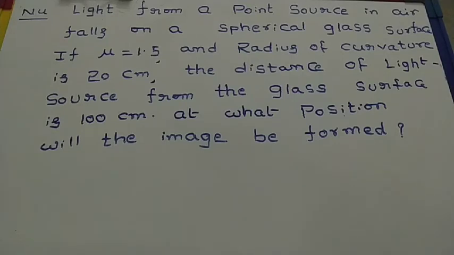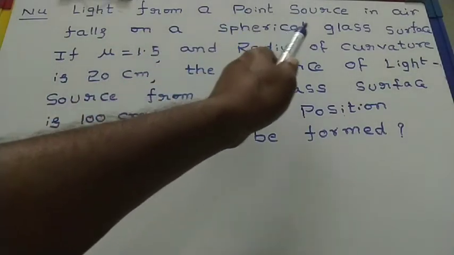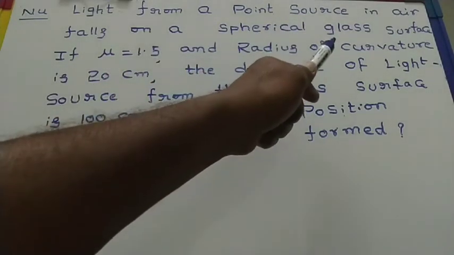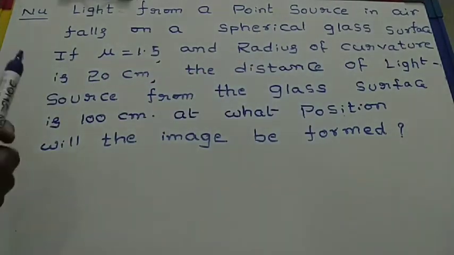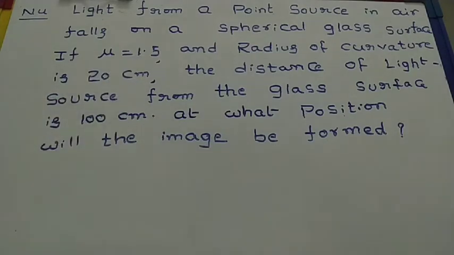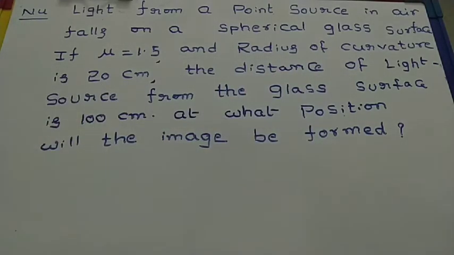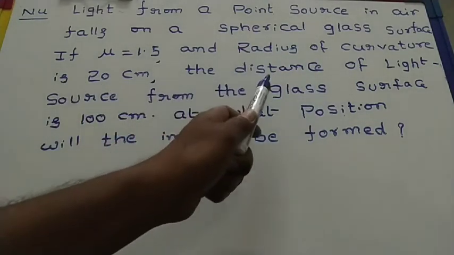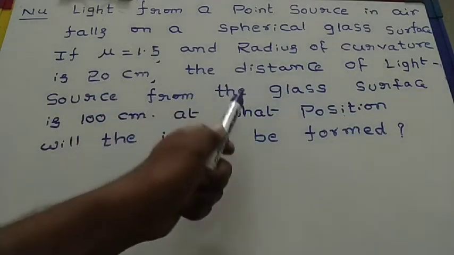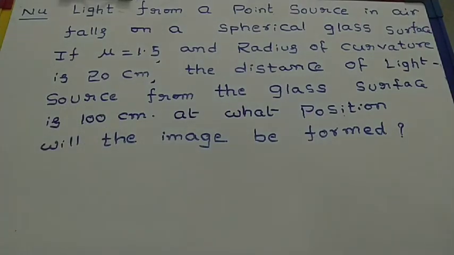Please listen carefully. Light from a point source in air falls on a spherical glass surface. If refractive index mu is equal to 1.5 and radius of curvature is 20 centimeters, the distance of light source from the glass surface is 100 centimeters.